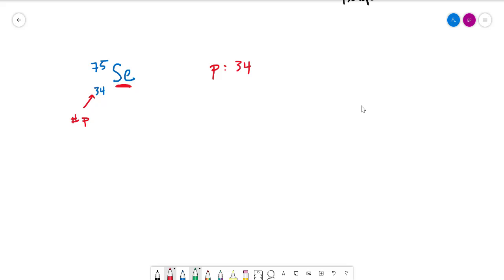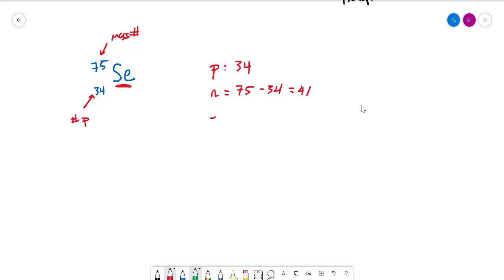How about number of neutrons? How do we figure that out? Well, we got to take the mass number, which we have here. So this is mass number, which is the sum of protons and neutrons. And then we'll subtract the number of protons that we already know, and that's going to give us a value of 41.